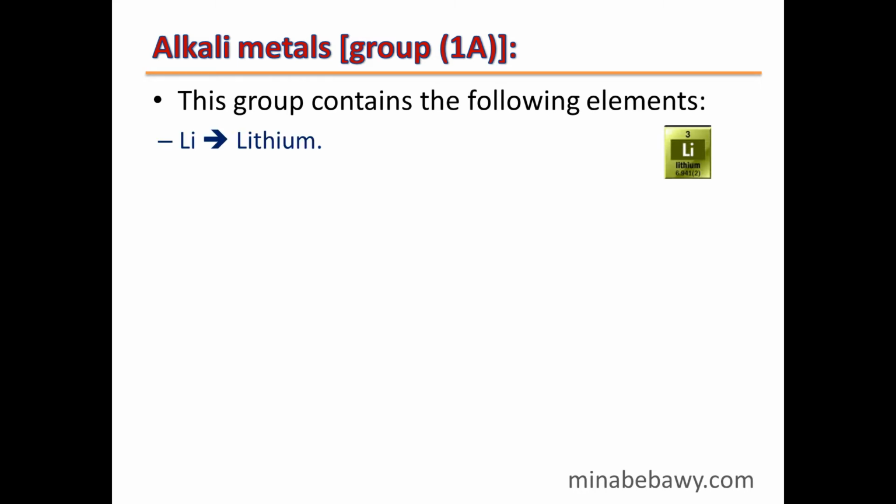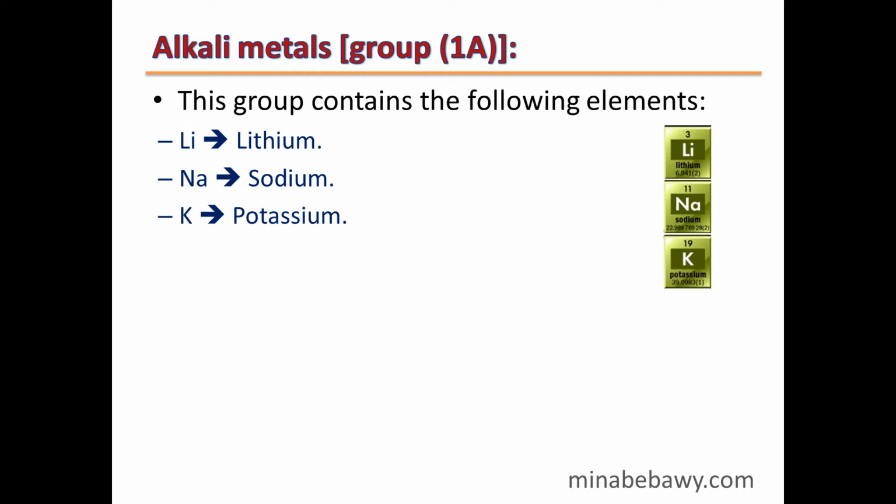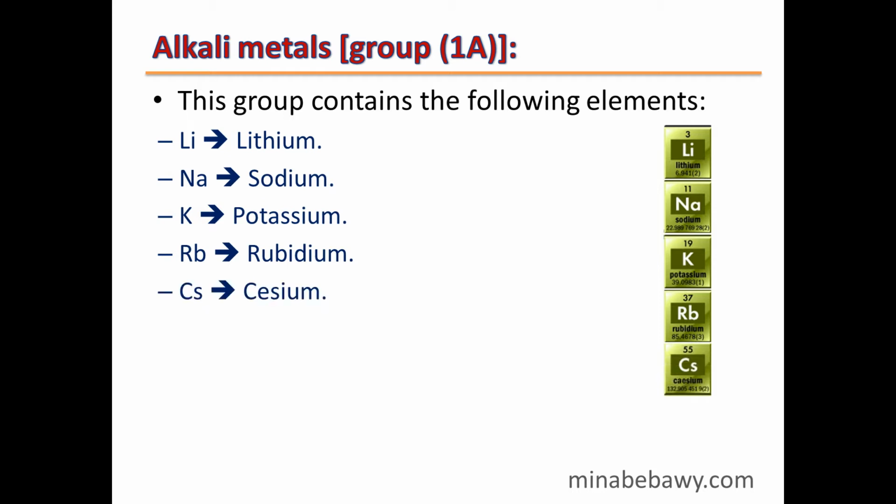This group contains the following elements: Li, lithium, Na, sodium, K, potassium, Rb, rubidium, Cs, cesium, and finally Fr, francium. We won't talk about Fr or francium because it is a radioactive element or unstable element.